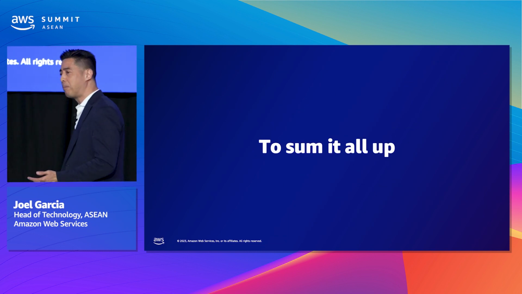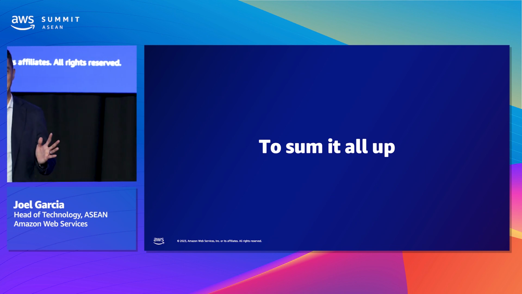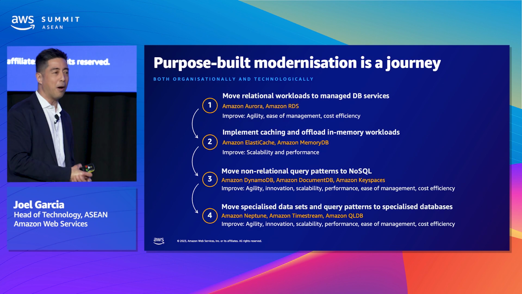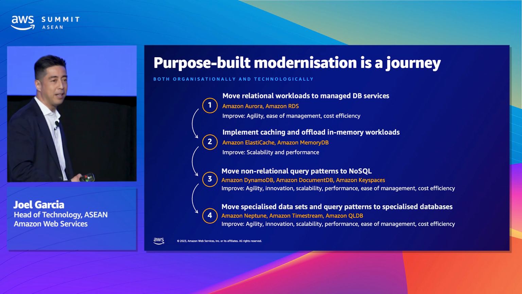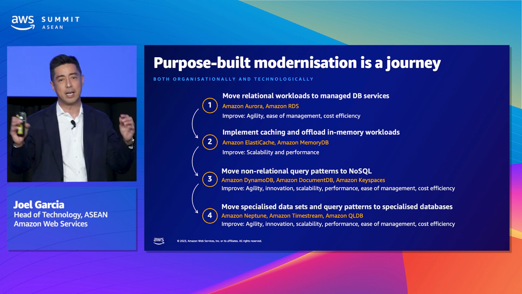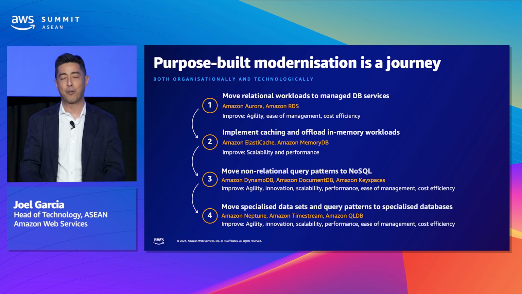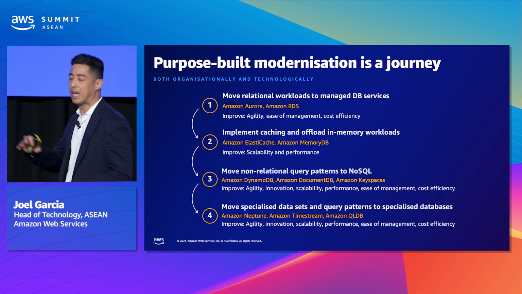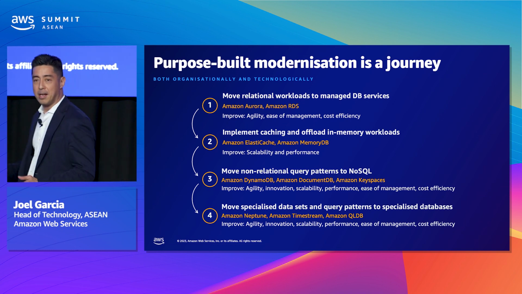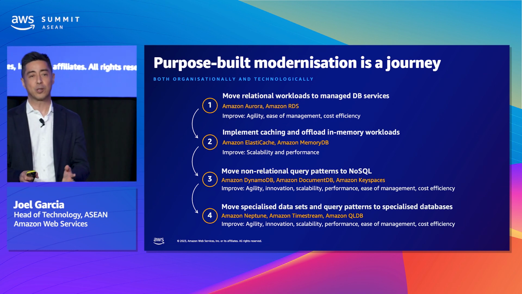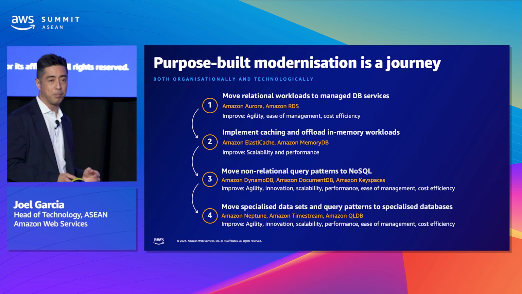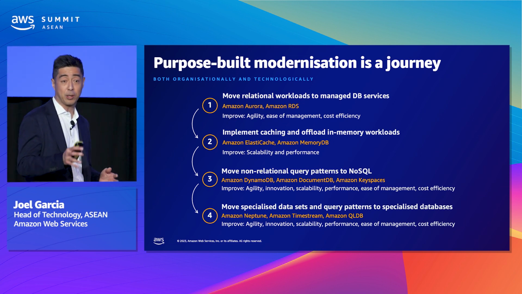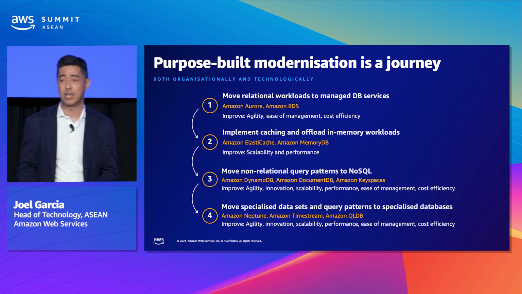Now, to sum it all up, and we only have a short period of time, hopefully you've seen enough: depending on where you're starting, whether you move to a managed database offering, or eventually you're looking at specialized data sets, AWS offers the widest offering of managed database services, whether relational or non-relational.